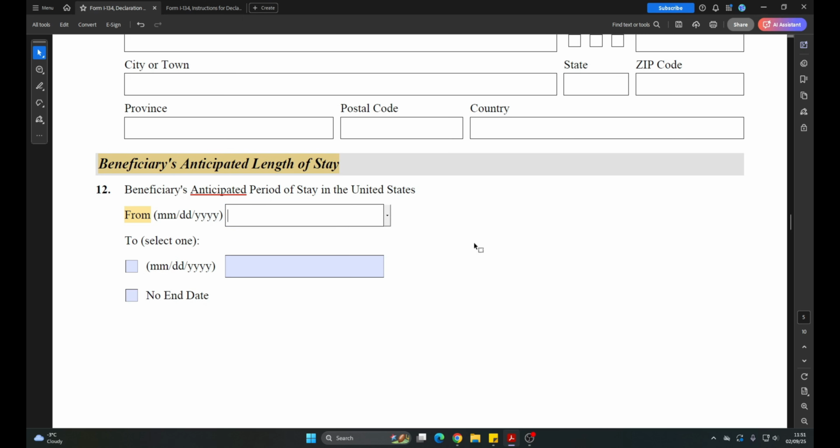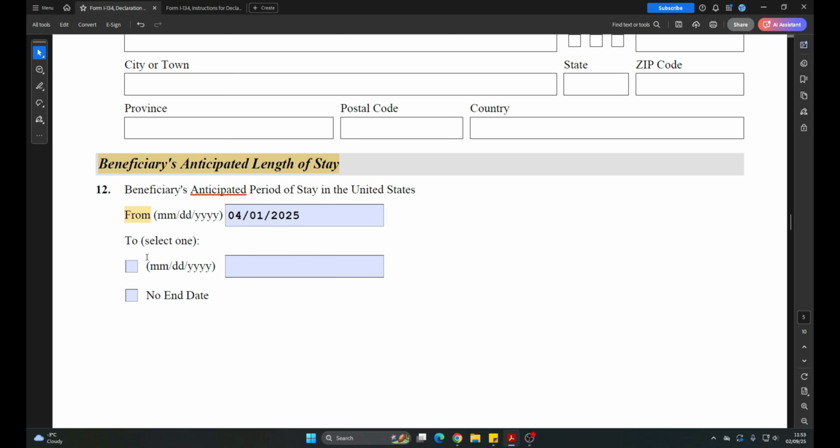So if the consular interview is coming up in March of 2025, you can write that your fiance will be arriving in the United States in April of 2025, and that is totally okay. If you're filling this out for somebody who's going to be an international student here, then this could be the start date of their studies.